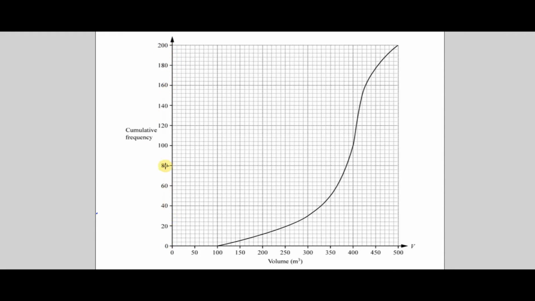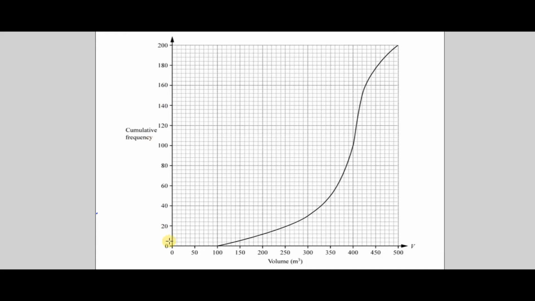Because the cumulative frequency represents the number of people in the survey, the number of items in the survey. So the number of students was 200, and we want to find an estimate of what the student right in the middle, when all the data is entered in order of size, estimated as the volume of the room.